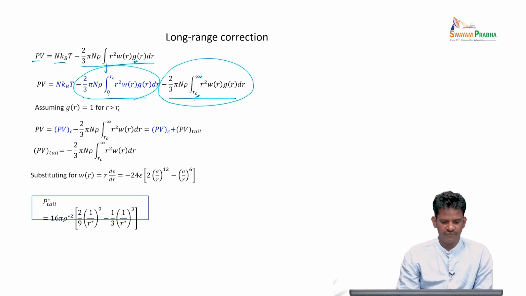So we can make an assumption that g(r) is equal to 1 for r greater than RC, and then substitute that here.